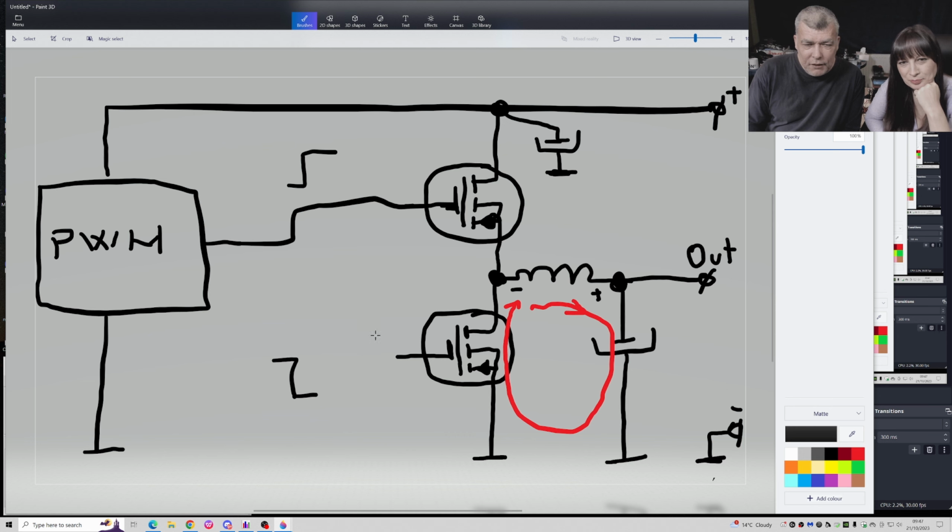Look, when this is on, and when this is off, I want the other one to be on. In order to make this MOSFET on, all I have to do is use a resistor and jump here to plus.